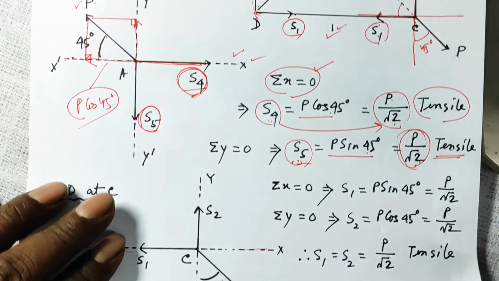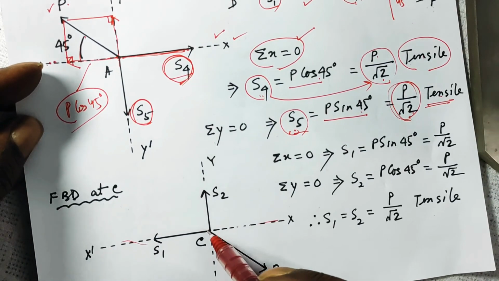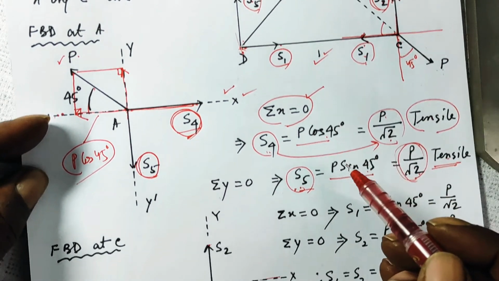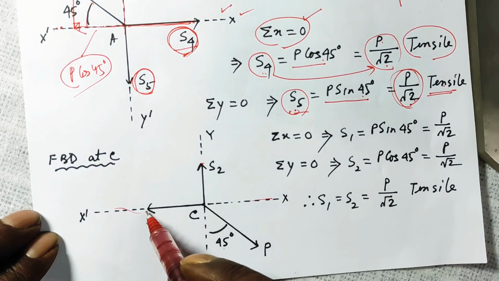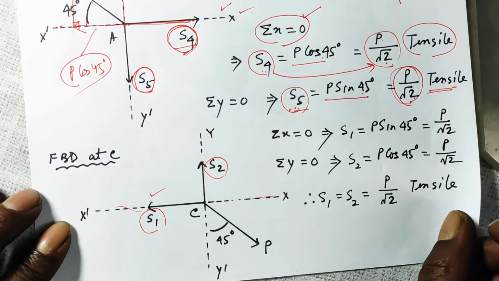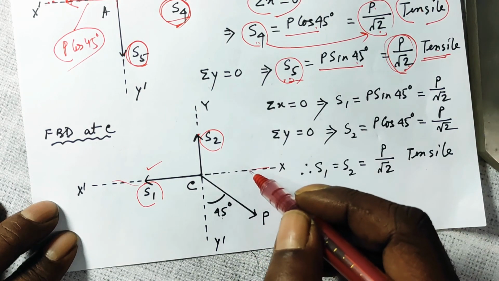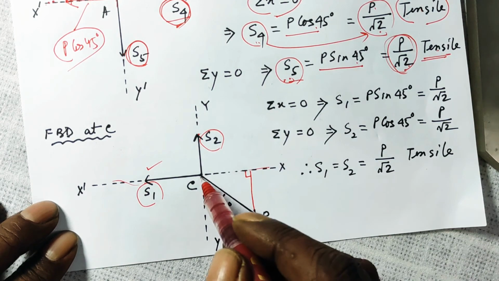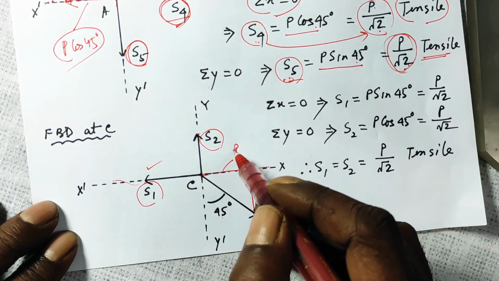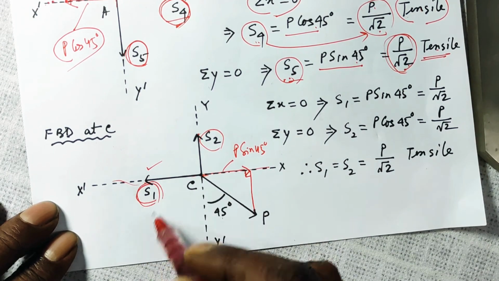Now S2 is to this side, which is shown here along positive y-axis. S1 is along negative x-axis. Now to make sigma x and sigma y equal to 0, drop a perpendicular from here on x-axis. So this part will be this part. From here to here will be P times sine 45, which is opposite to S1.